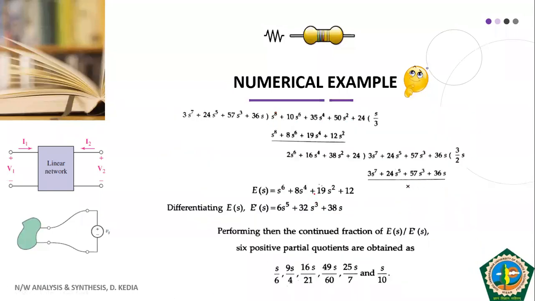Here, see what we have done. This is what I have repeated for your reference: our continued fraction has been abruptly terminated. How to resolve this? This is the latest divisor. We will take this latest divisor as, say, ES.